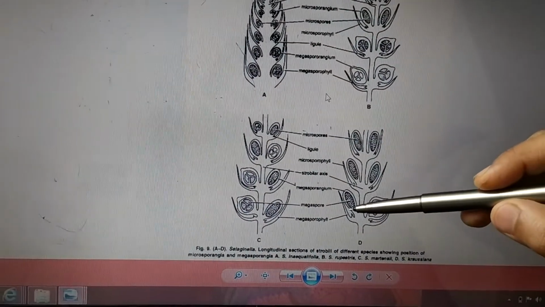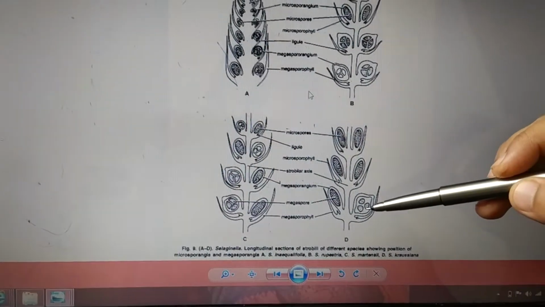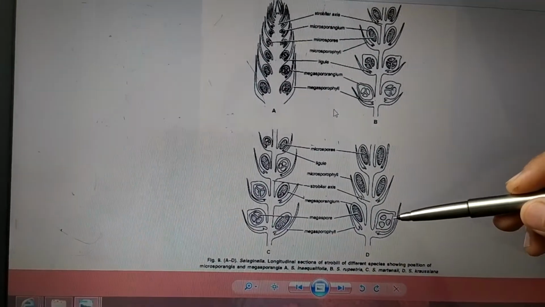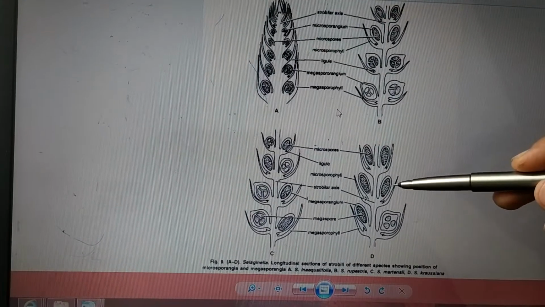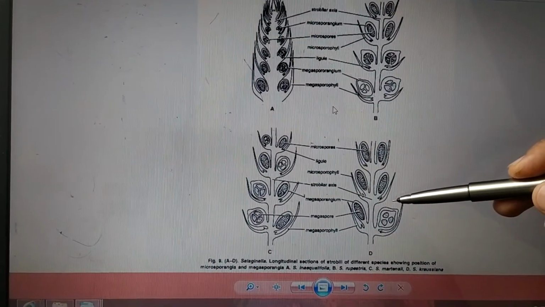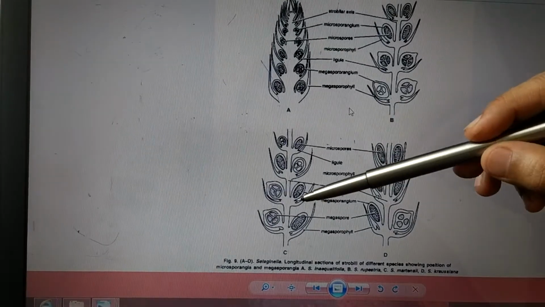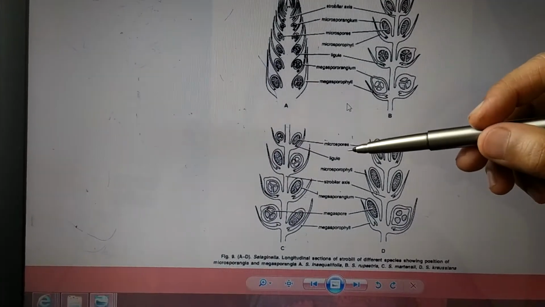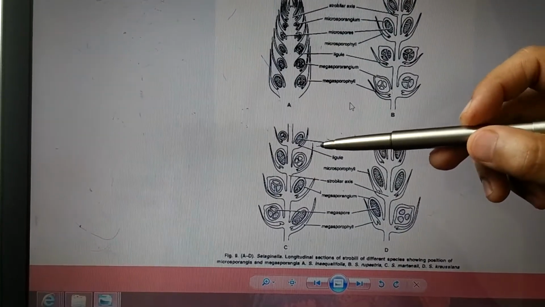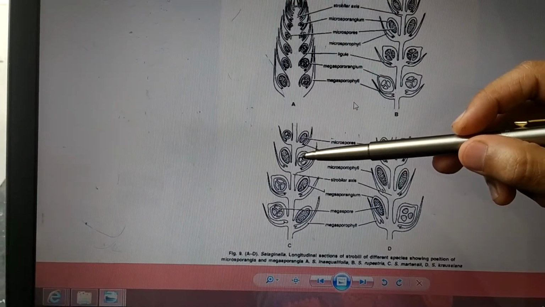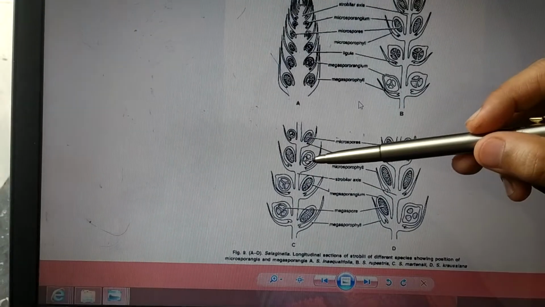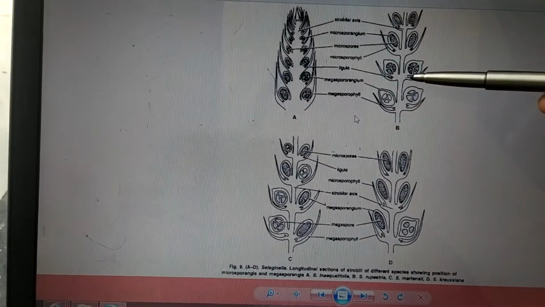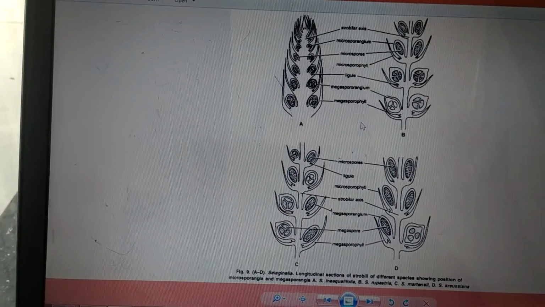In another case, there will be only one megasporophyll, and apart from that the rest will be microsporophylls. This we can see in Selaginella kraussiana. The mixed arrangement of megasporophylls and microsporophylls is seen in Selaginella martensii. In Selaginella rupestris, we can see megasporophylls arranged below and microsporophylls arranged above.